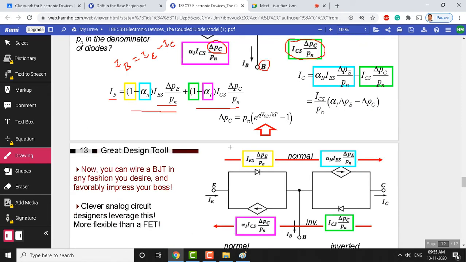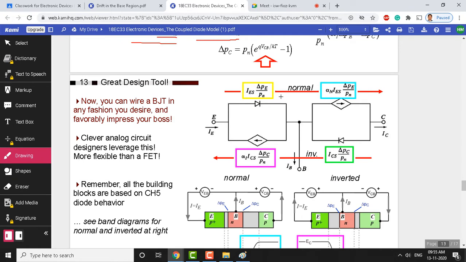Now you can wire this BJT. What we have shown is a very fantastic model, this coupled diode model, and many times if you want to analyze circuits based on bipolar junction transistor, you can, in place of the BJT, wire up this model between emitter, base and collector. So, analysis of complex BJT circuits becomes very easy.